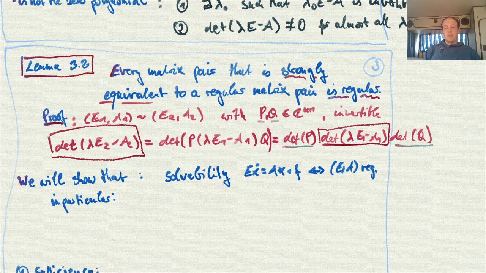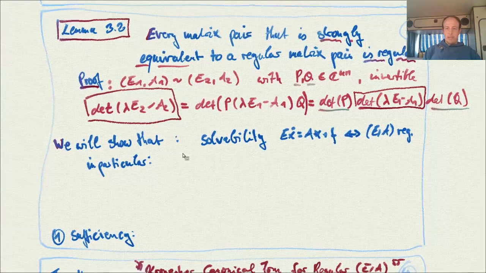Okay, and that's why regularity is invariant under these equivalence transformations, and that's why it's also a useful concept. It makes a lot of sense to consider strong equivalence of matrix pairs, because this means operations that one would do on a system, like scaling the equations or changing the state space, since regularity works well together with strong equivalence. That's how this all fits nicely together.